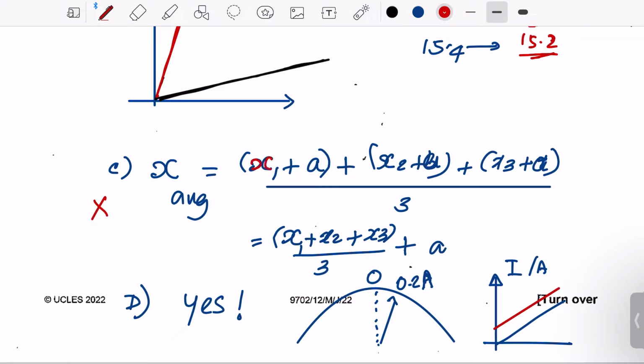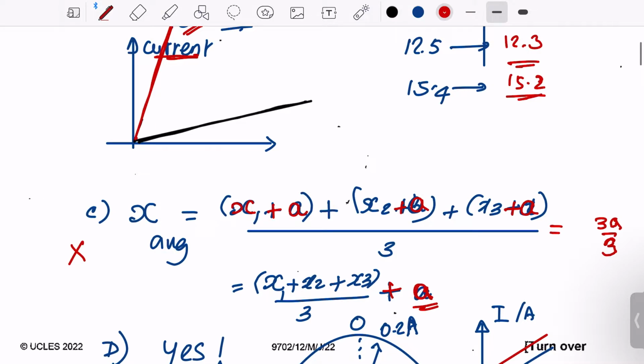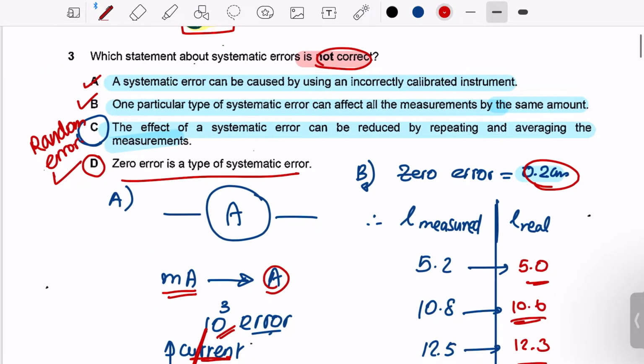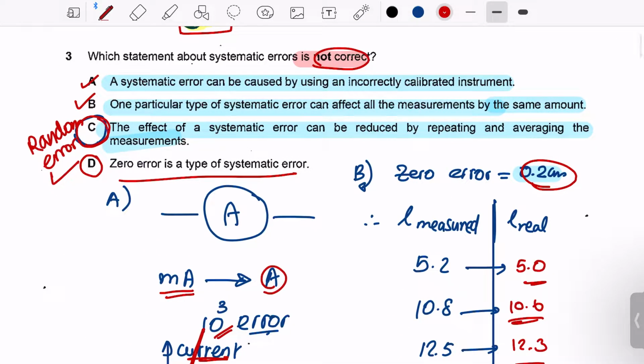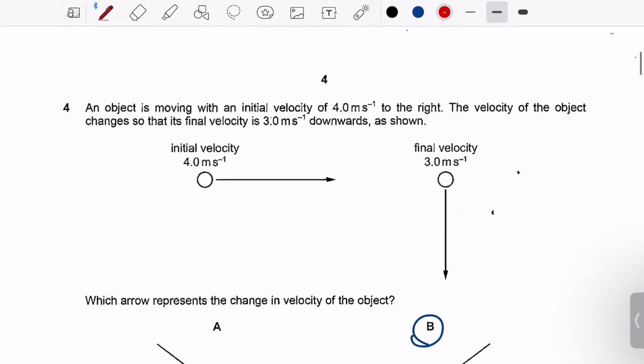Let's think all your readings have a systematic error of value A. When I take the average, this A becomes 3A divided by 3, so it is still there. So taking an average is not a solution for systematic error. Taking an average can reduce random errors. That's why this answer is wrong, because repeating does not help with systematic errors.